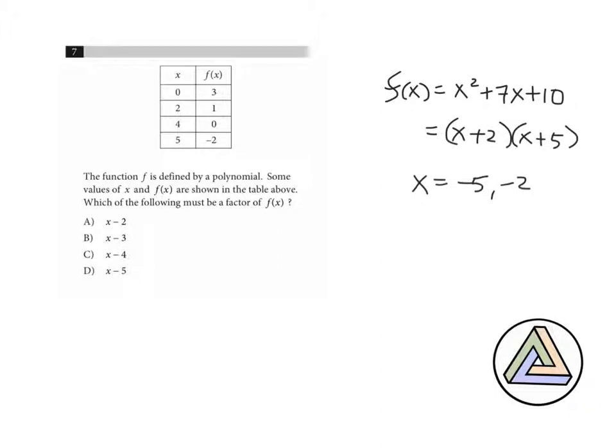Now, for the sake of moving fast, just know that if you don't have a coefficient other than 1 in front of the x, this is really just 1 times x right here, and then we have 1 times x here. If it's like that, as opposed to 3x and 4x or something, then you know the x-intercepts by just looking at this number and choosing the opposite sign. So the 2 gives me the negative 2, this 5 gives me the negative 5, right? For the sake of brevity, I'm just going to say that for now.